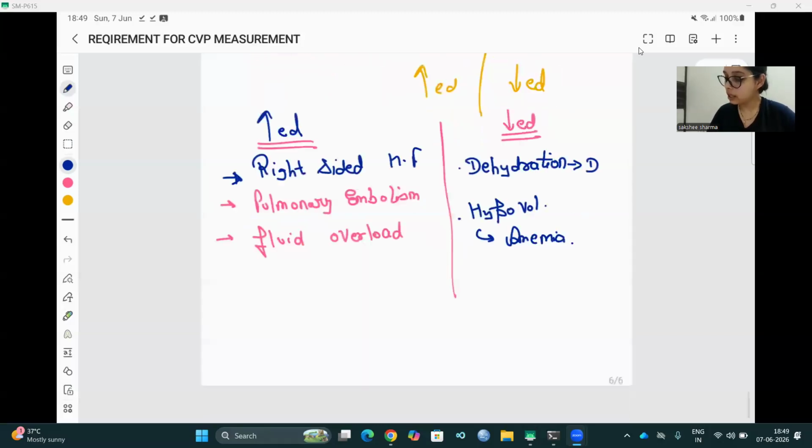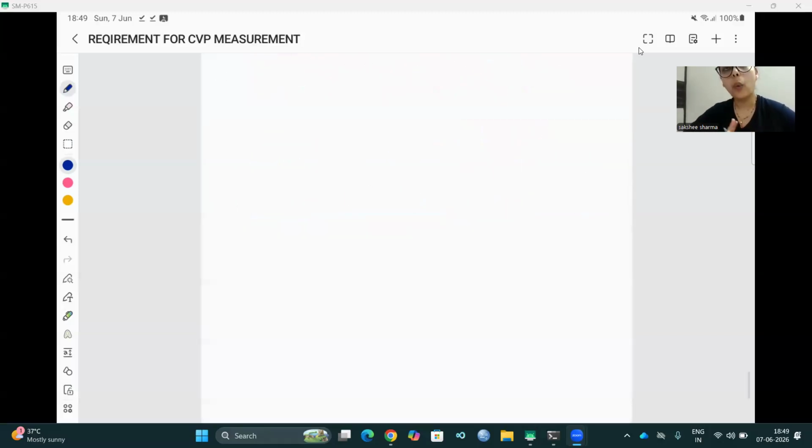Now let's see what are the equipments by which we will measure the CVP.